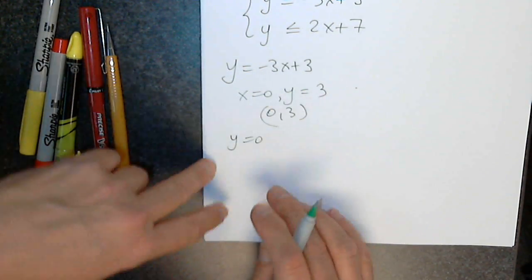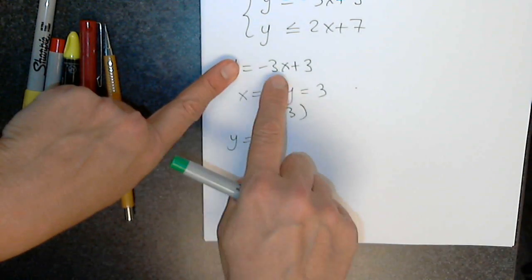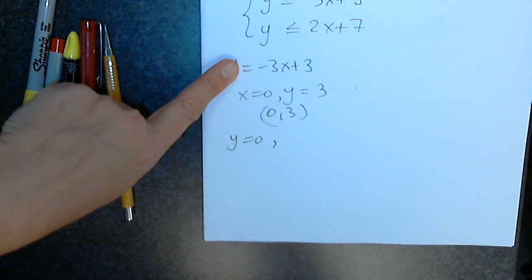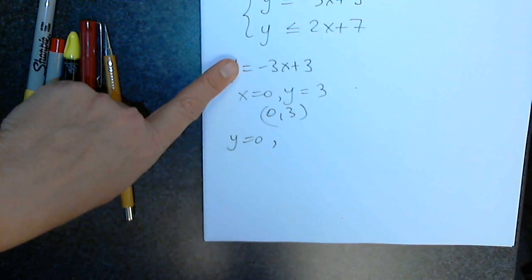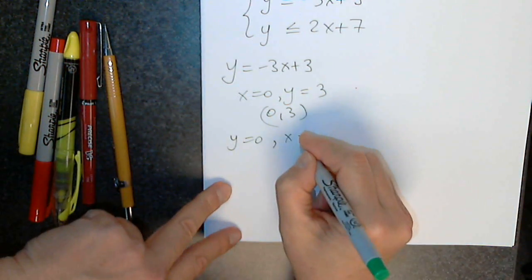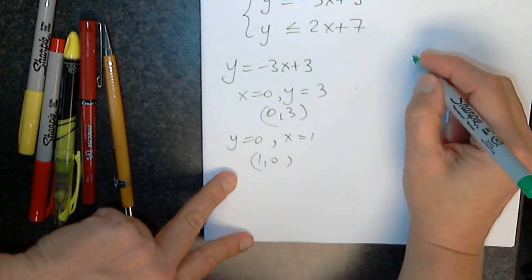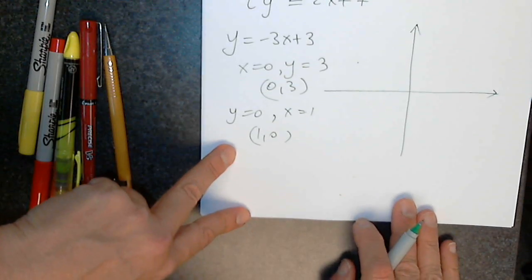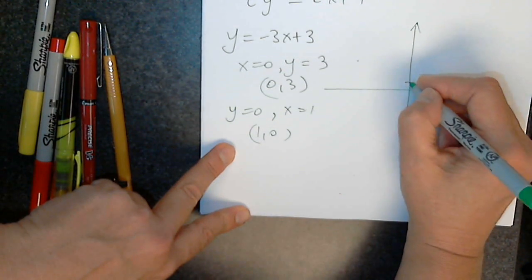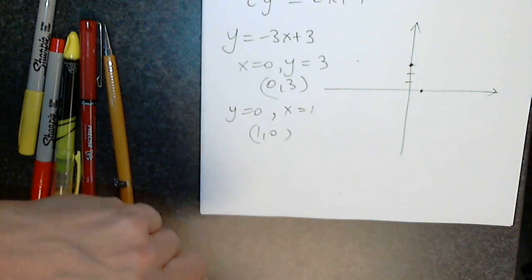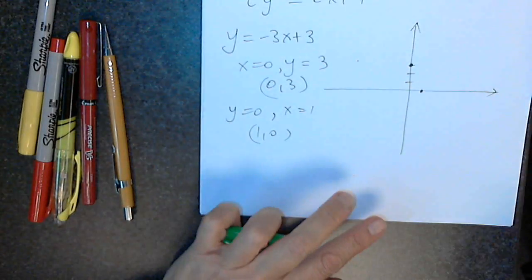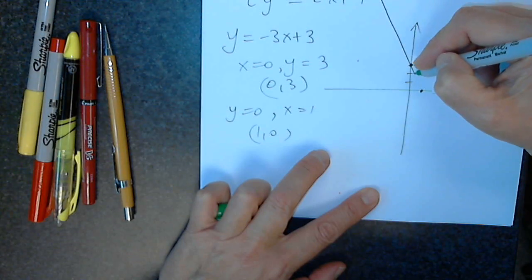When y is 0, you have to move negative 3x to the other side. It will be positive 3x, because I moved it. So 1 comma 0. So I can graph the first line: 1 comma 0 and 0 comma 3. I looked at the inequality symbol. Since it has the equal symbol, I know I will have to graph it as a solid line.